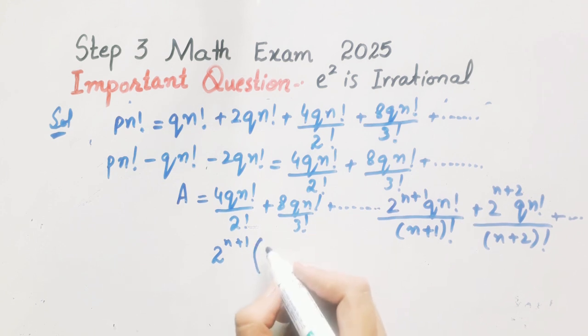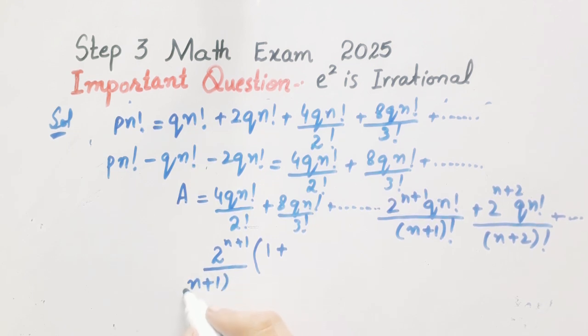So you will get the remaining as 1 plus, and in the denominator you will take common n plus 1 and q also.